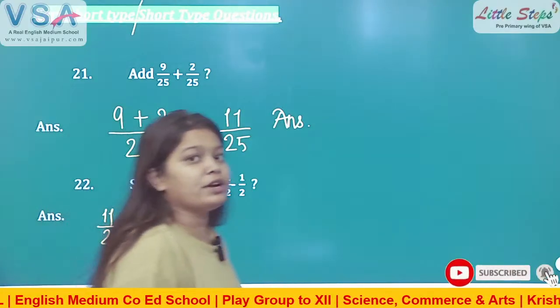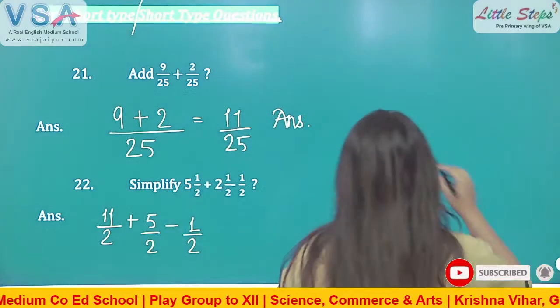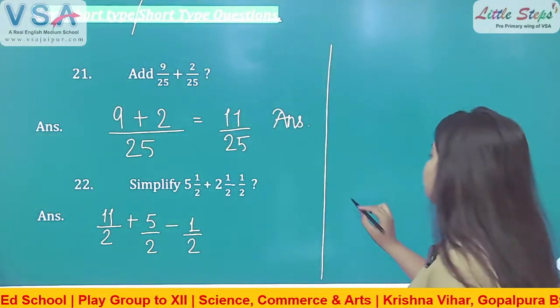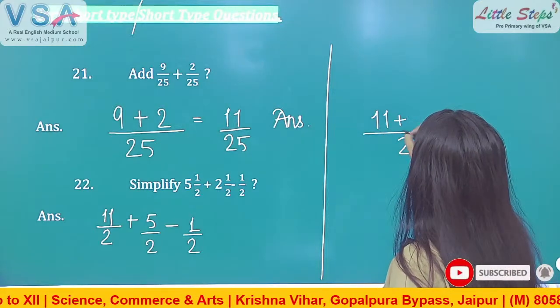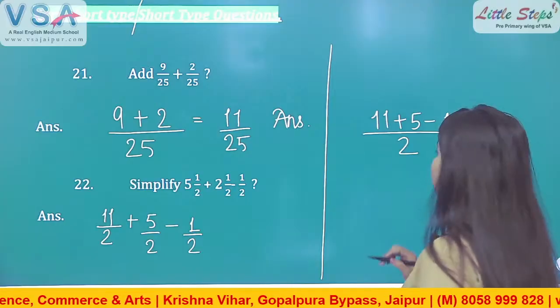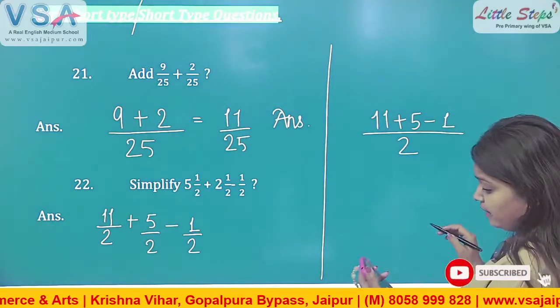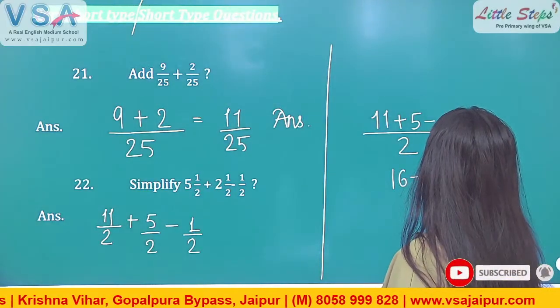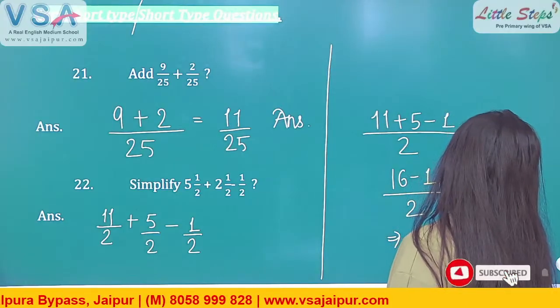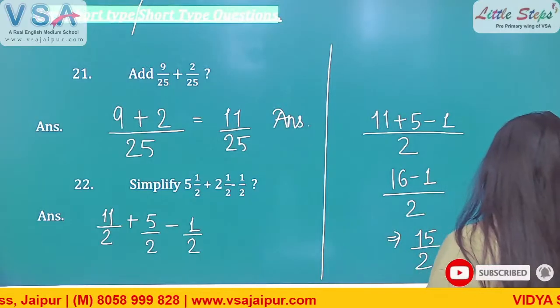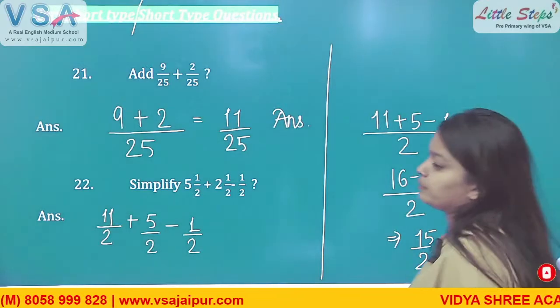Again, we don't need to take the LCM as all the denominators are the same. We simply simplify them by adding or subtracting. 11 plus 5, what do we have? 16 minus 1 by 2. And hence, we have the answer. 15 by 2 is the answer. Clear?